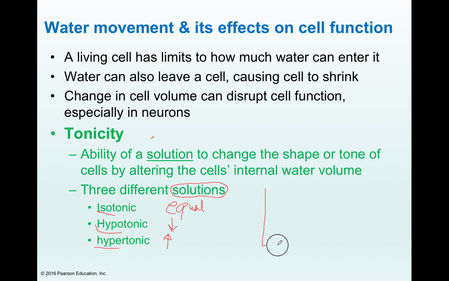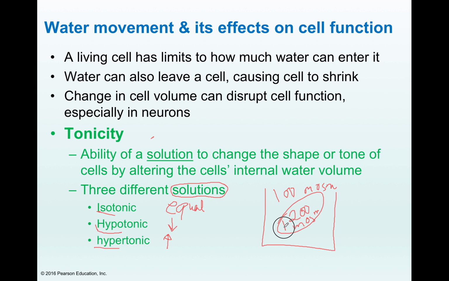So if I'm describing a scenario like this, and this is my cell, I can say, let's say 200 milliosmolarity versus 100 milliosmolarity. And if I was to describe this solution, what I would say is I first compare the osmolarity of these two solutions. So this is 100, this is 200.